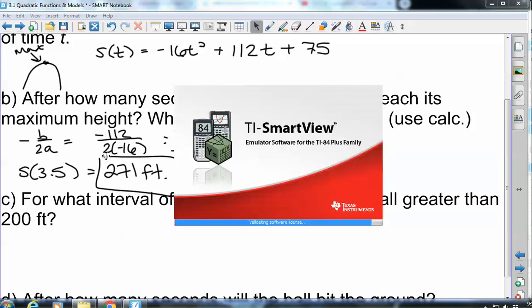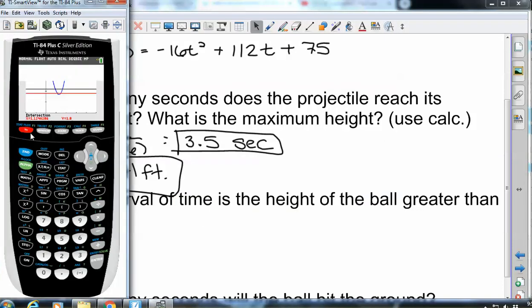If there's a function already there, clear it out. And I'm going to enter my equation, negative 16. You just have to use x for your t, x squared plus 112x plus 75.